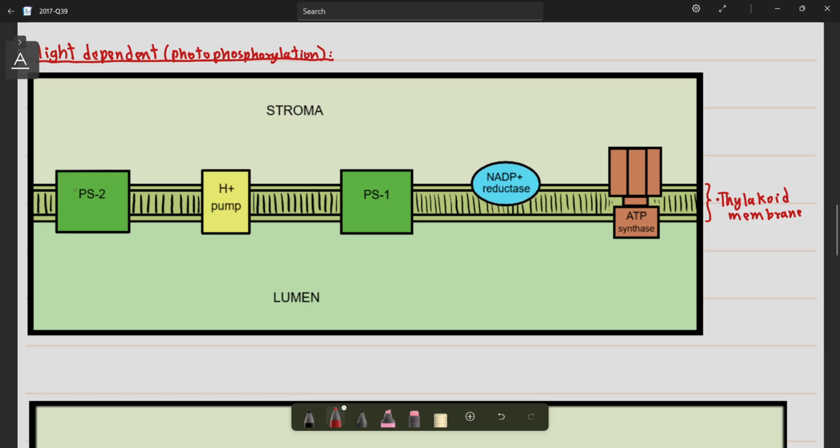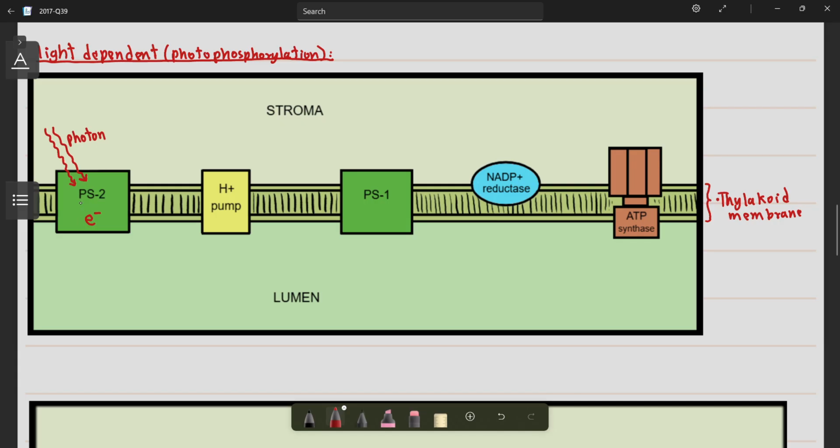The function of this structure is that it absorbs the photons of the light. Photons, or you can say light rays. It absorbs the photon using the chlorophyll structure. As the photon is absorbed, the electron is excited to a higher energy level by use of the photon.